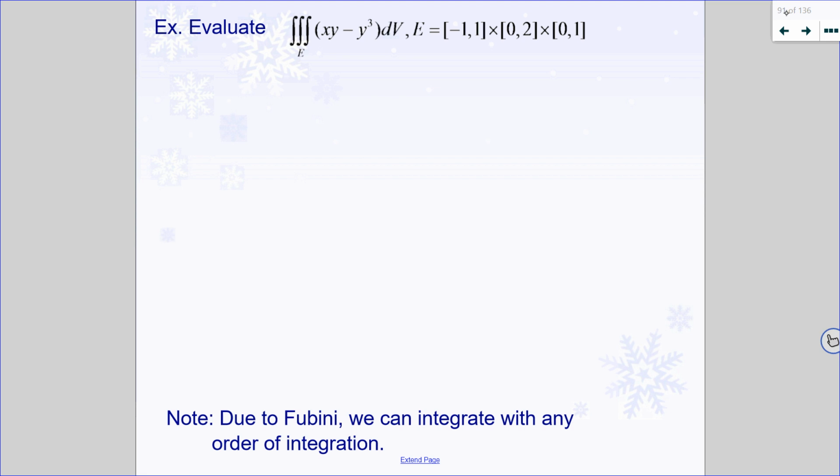We are going to evaluate the triple integral of xy minus y cubed with respect to volume, and our box has x from -1 to 1, y from 0 to 2, and z from 0 to 1. So I'll just fill in those dimensions.